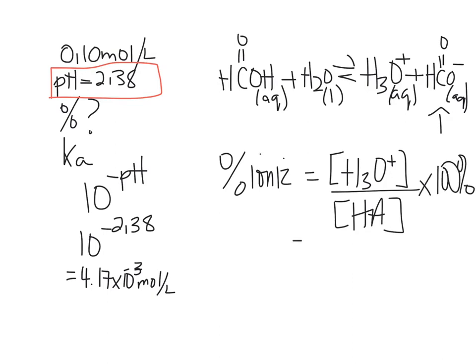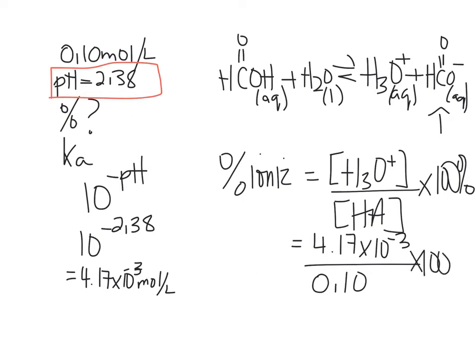So 4.17 times 10 to the negative 3 moles per liter divided by 0.10 moles per liter, times 100%. So this methanoic acid only ionizes about 4%, so it's quite a weak acid. Only 4% of its acidic hydrogens pop off of that OH group.